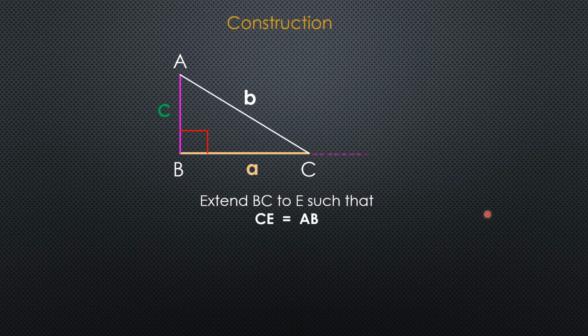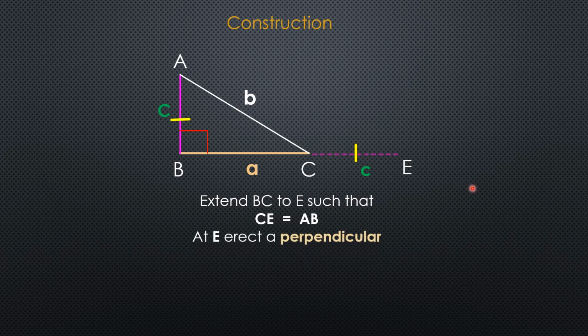Look at the figure carefully. This is the point E such that CE is equal to AB. Since AB is c units, the length of CE is also c units. This is the first construction.